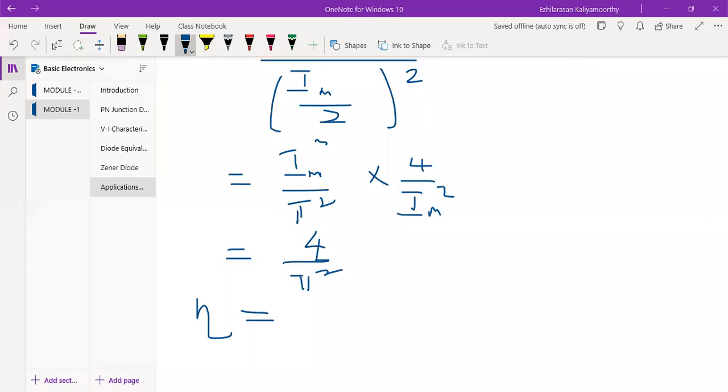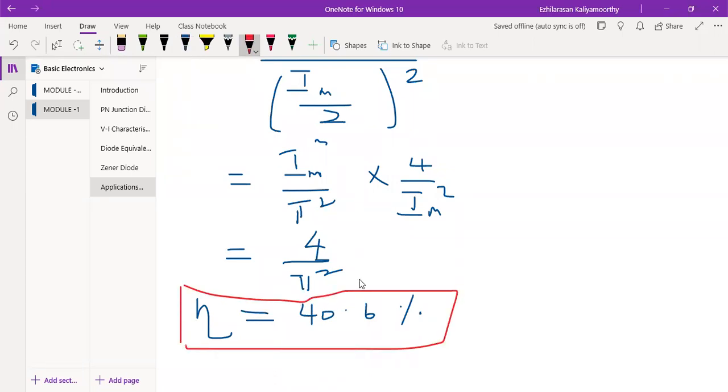You can substitute. You may get the efficiency, in terms of 100%, as 40.6%. This will be your efficiency in terms of percentage.